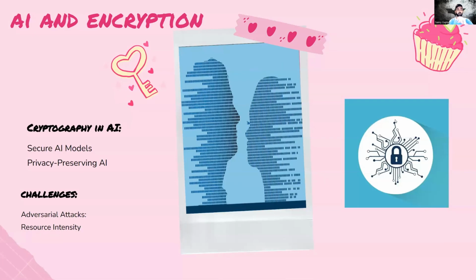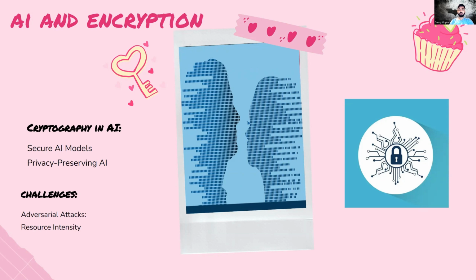And here now, everybody, that's what we've been waiting for: AI and encryption. As we all know, in the 21st century we're rapidly increasing our AI integration into the real world. In the same way, encryption and cryptography are also intersecting with AI.